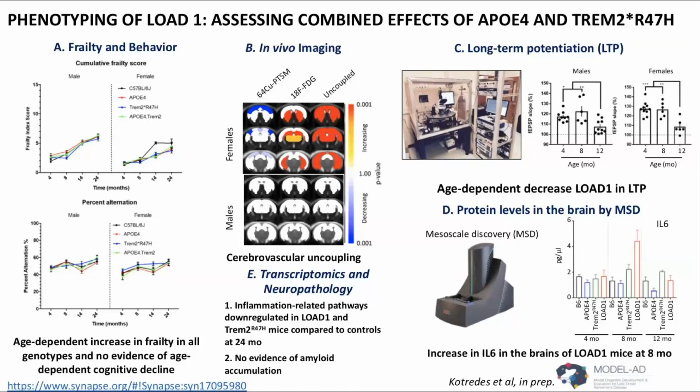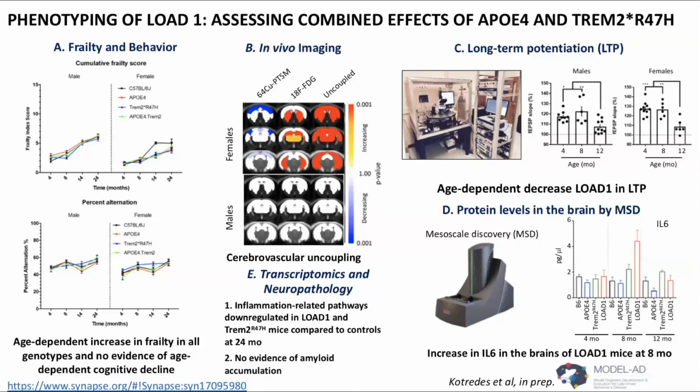And so a lot more work now needs to be done to understand how this phenotype may relate to changes in cognitive status if we add on additional variants. In addition, through long-term potentiation tests, this was done at Indiana University, you can see that there's an age-dependent decline from 4, 8 to 12 months in LTP in both males and females.